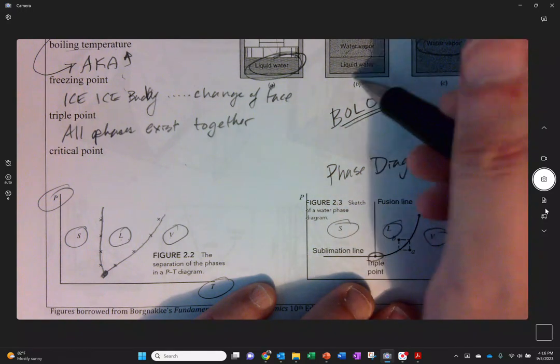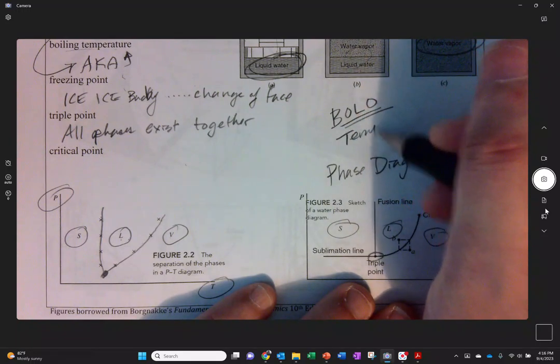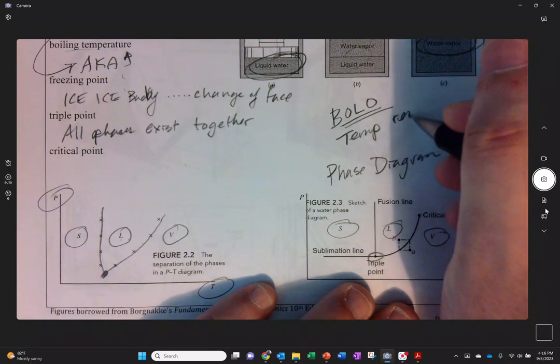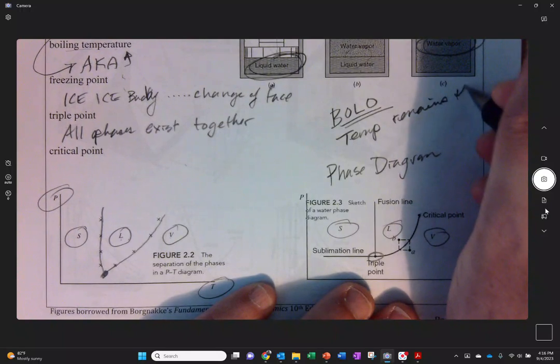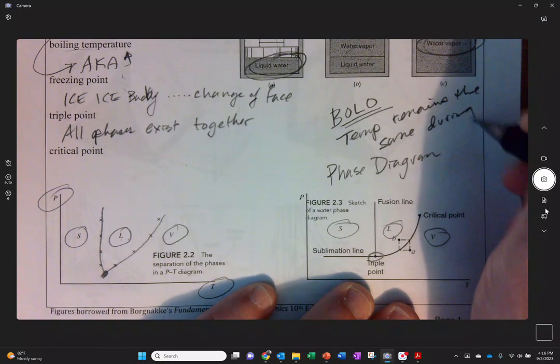Be on the lookout for when that happens, because interestingly, the temperature remains the same. Bad handwriting. During vaporization.